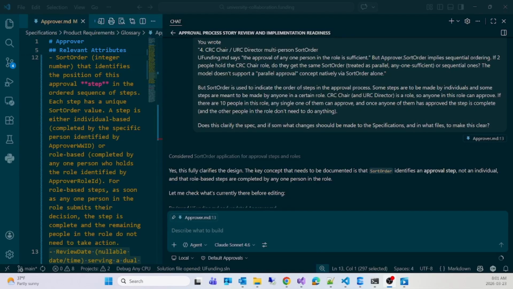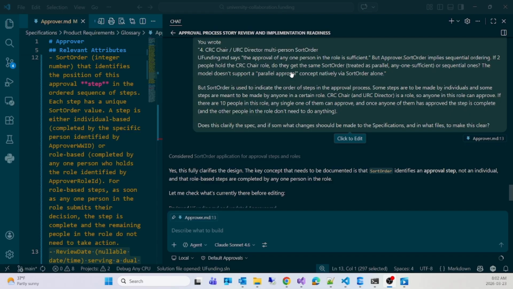Here you can see a second instance of me talking to AI about a specific point it had made during a review. So this point 4 indicated that it didn't understand what I meant with sort order. This is an approval process and it has 2 kinds of steps. Some steps are made by individuals and some steps are to be made by a group of people in a role.